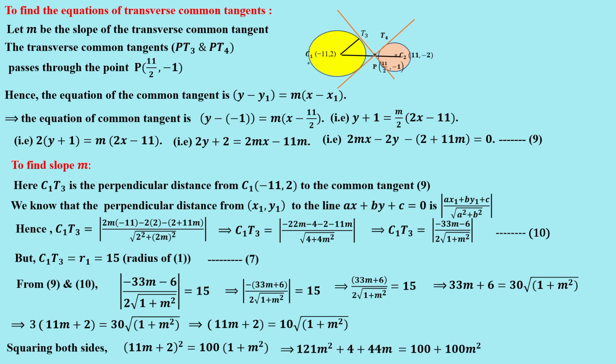So expanding, 121m square plus 4 plus 44m equal to 100 plus 100m square. So 121m square minus 100m square plus 44m plus 4 minus 100 equal to 0. So that implies 21m square plus 44m minus 96 is equal to 0.